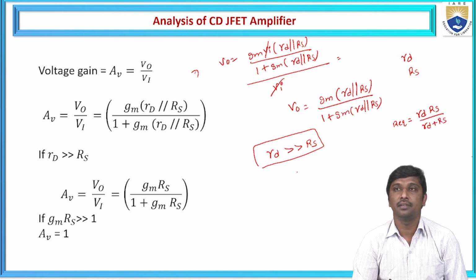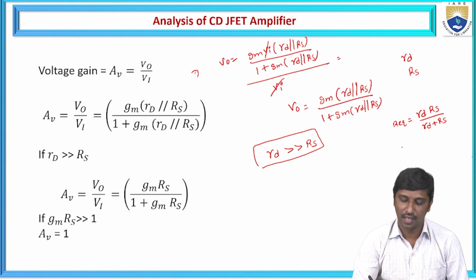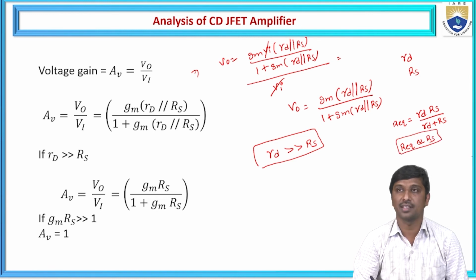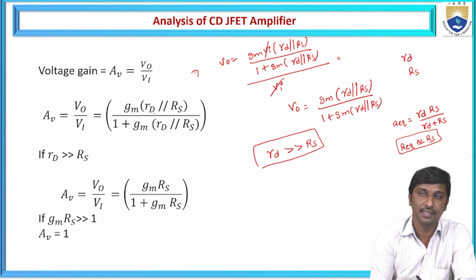And we know that when two unequal resistances are in parallel, the equivalent parallel resistance is approximately equal to the smaller resistance. Hence, under this assumption, R equivalent is equal to the smaller resistance, that is the load resistance Rs. Under this condition, I am going to simplify this relation.